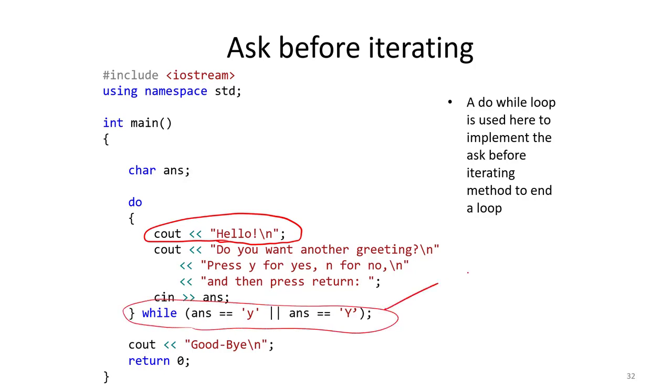And here we keep running as long as the user says yes. There may be cases when you need to write a program like this, where if the user wants to go again, then you keep running. If the user says stop, then you stop.